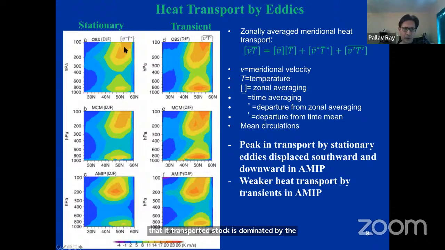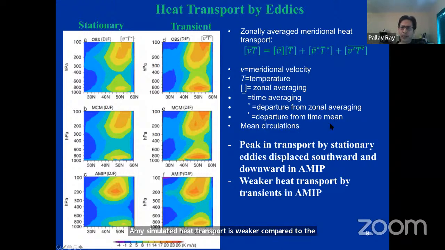It's easy to see that the observed and MCM structures are very similar for both stationary eddies and transients. However, when you look at the AMIP ensemble, you notice that the peak in stationary eddy transport has been moved slightly downward and also southward, compared to observation or the MCM. Similar results are found for transients, where the AMIP simulated heat transport is weaker compared to the observation and MCM.